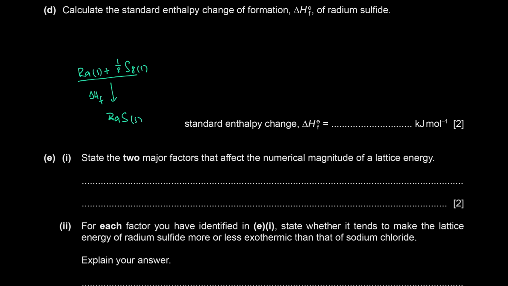Now, we can either do that, or we can go first to making the gaseous ions, that would be Ra2+ gaseous plus S2- gaseous. And then we can convert those ions to the solid lattice. That would be the lattice enthalpy. So either we can take the direct route, starting with elements and going directly to the ionic lattice, that's delta H of formation. Or we can first start with the elements, make the gaseous ions, and then convert the gaseous ions to the solid lattice over here.